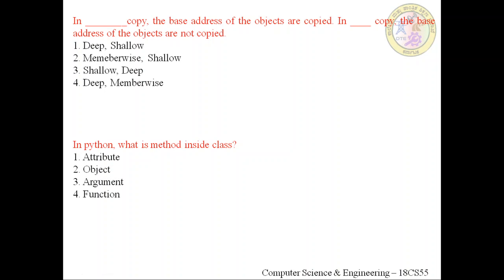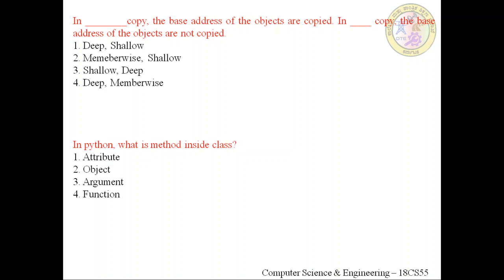As a part of the self-assessment, we'll try to solve some multiple choice questions. In blank copy, the base address of the objects are copied. In blank copy, the base address of the objects are not copied.